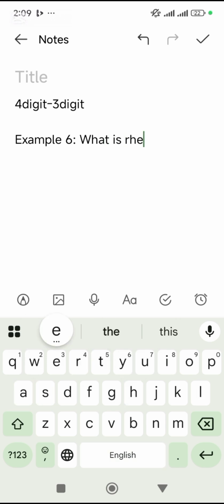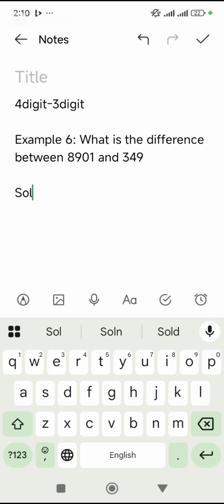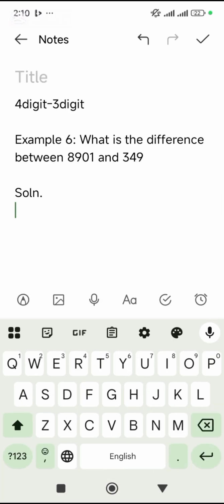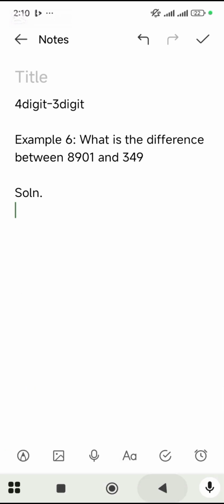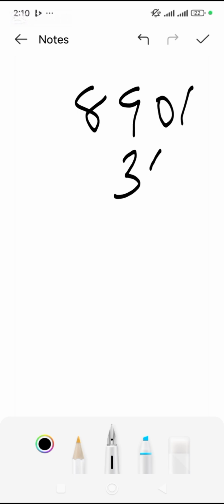What is the difference between 8901 and, let's say, 349? Okay, solution. 8901 minus 349.